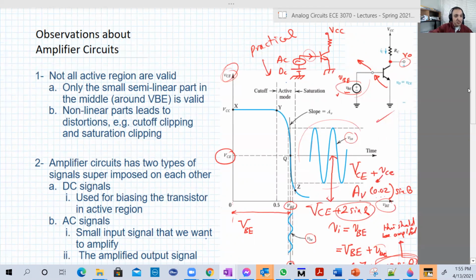We're going to follow two principles. The first one is the superposition theorem. If you remember the superposition theorem, if you have two sources, you can get the current at any branch using one source, then another component of the current using the second source, then you add these two components together, then you get the final current. This is one principle.